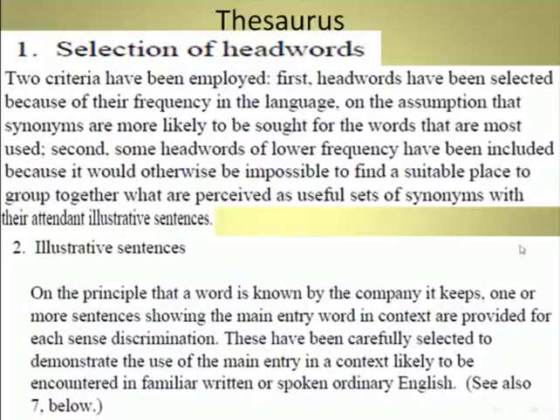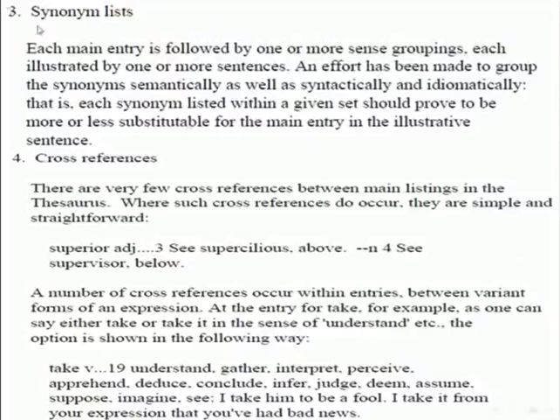Next page, sorry. Number 3, as an introduction for this dictionary, the Oxford Thesaurus. Number 3, synonym lists. Each main entry is followed by one or more sense groupings, each illustrated by one or more sentences.